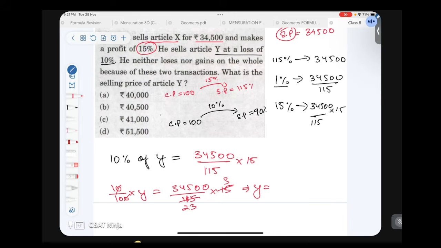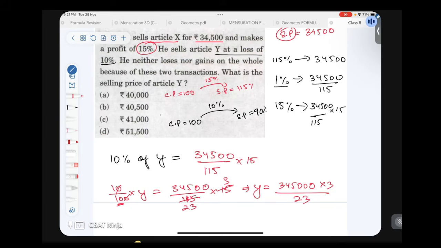It will be 2, 4, 5, 4, 3, 4, 5, 0, 0, another 0. We have 10 here, so another 0, into 3 divided by 23. So 2, 3, 3, 45, 20, 23, 123.